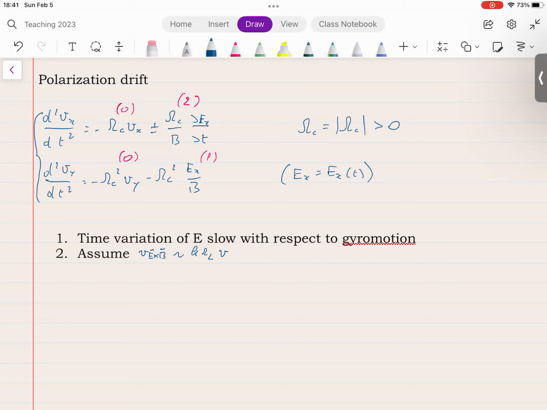Okay, then what we need to solve now is the second order of the equation on top of the first equation. Maybe let me put numbers to these equations, 1 and 2.